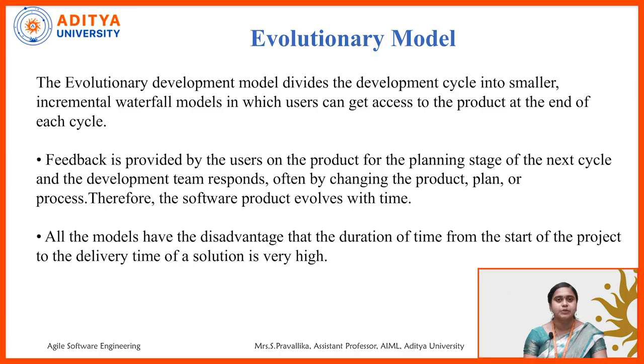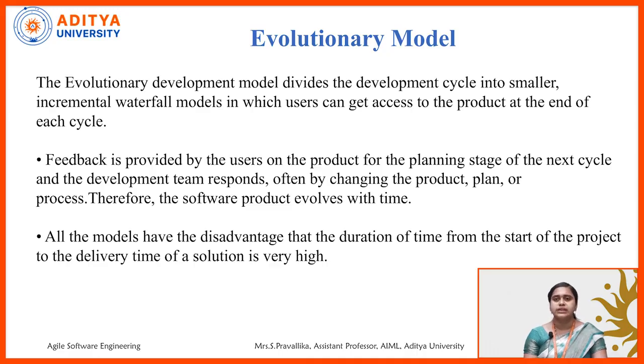Often changing the product, in the sense we are not going to change the complete product; we are going to change the things the customer is expecting, as well as the plan and the process. By doing all these modifications, we can make sure that the software is evolving with time.